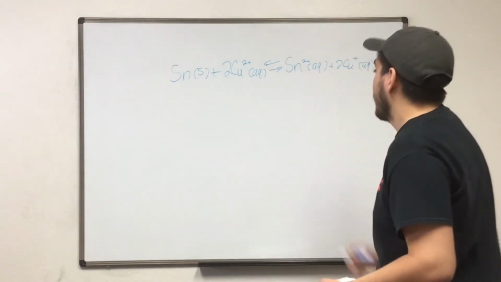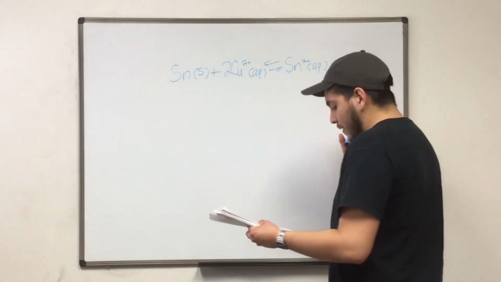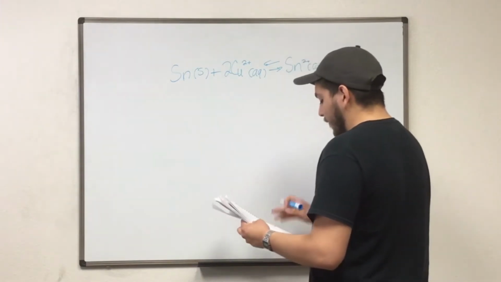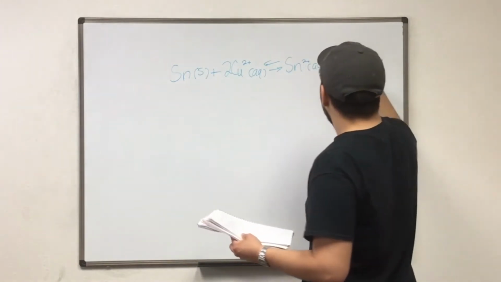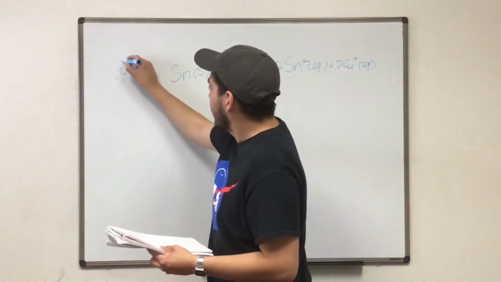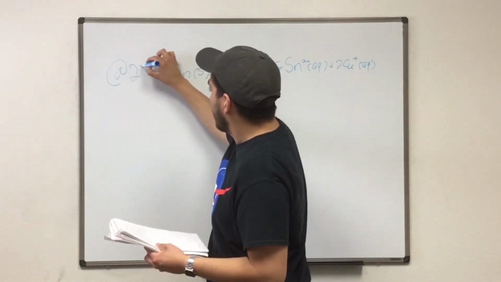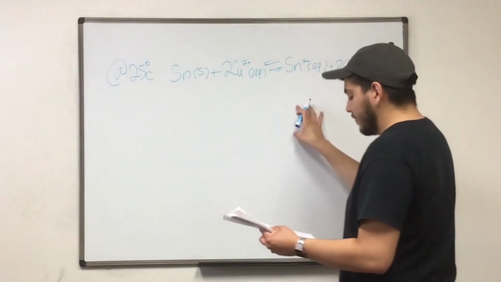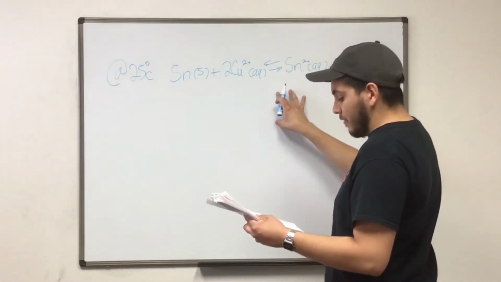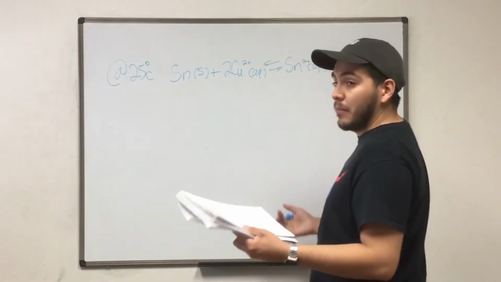Okay, so we're going to have this example, and we want to find the equilibrium constant for the following reaction at 25 degrees Celsius, okay? So we're going to find the equilibrium constant for the following reaction, my bad.